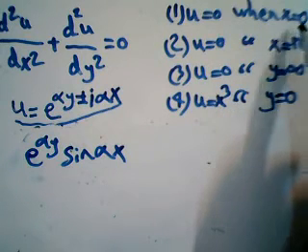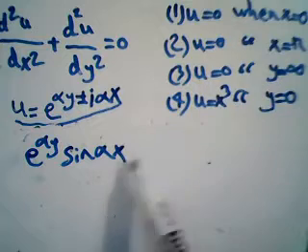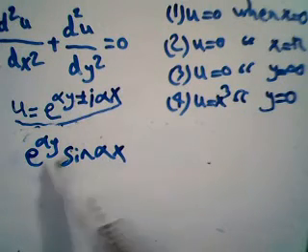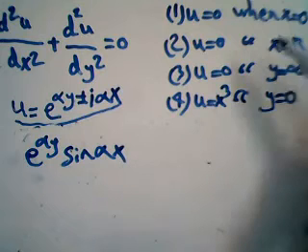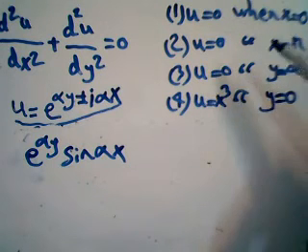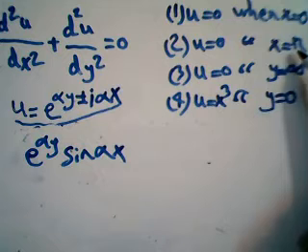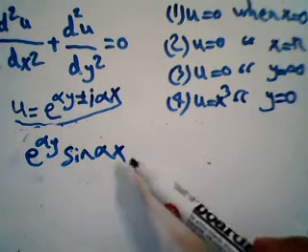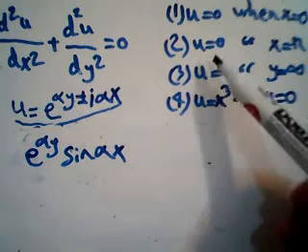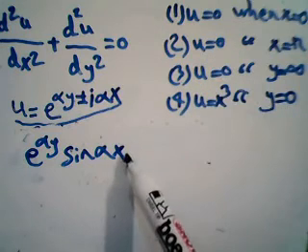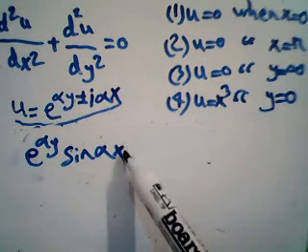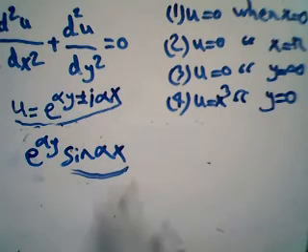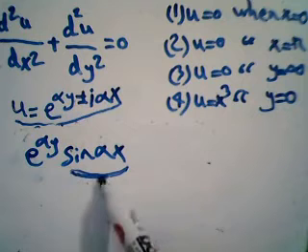When x is 0, u should be 0. Put 0 here. Sine of 0 is 0. 0 times this is 0 also, so the first condition is okay. Put x equals pi here, and this should also make u 0. If you plug pi here, the sine should be 0. But how?